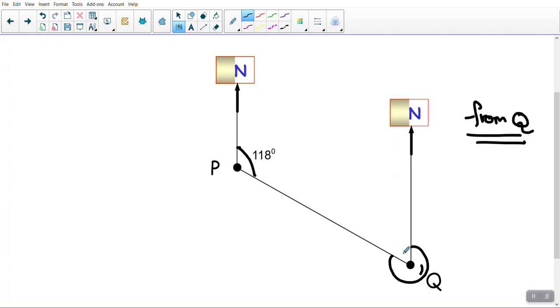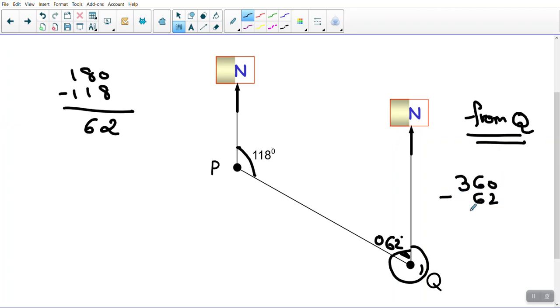As before, we can solve it in two different ways. 180 minus 118, which would give us 62, which we can write here, 62 degrees, and then we can subtract that from 360. 360 minus 62 would give us 298.